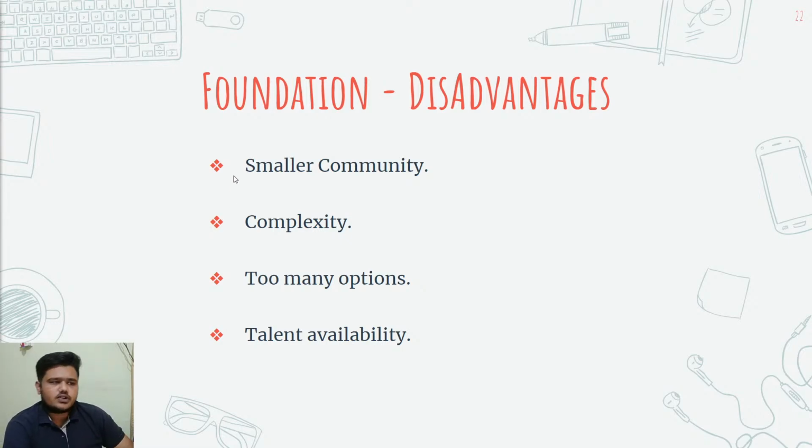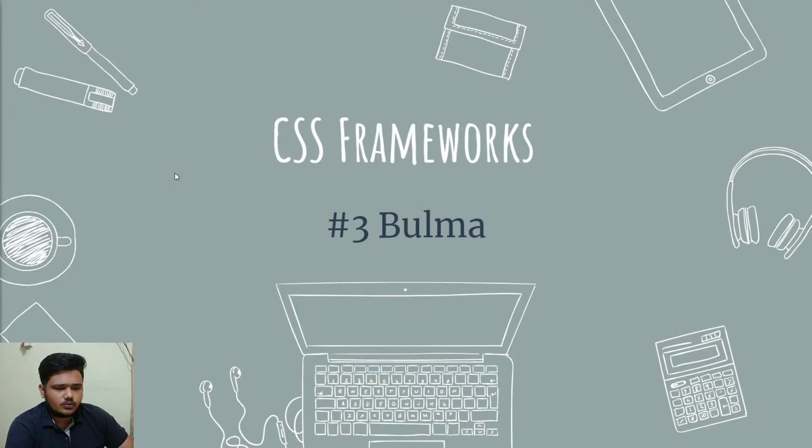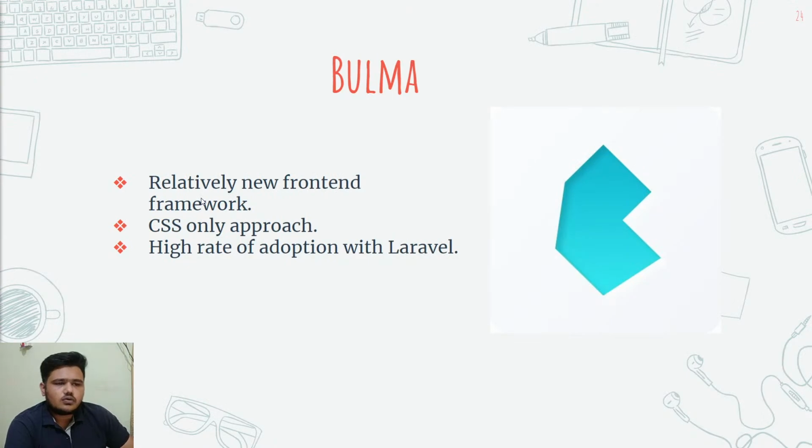So moving forward to the third framework, that is Bulma, right? If we see, Bulma is also relatively very new to the market, right? So when we say it's new, however, it has made a huge name in a very short time. Its attractiveness actually lies in a strict CSS only approach.